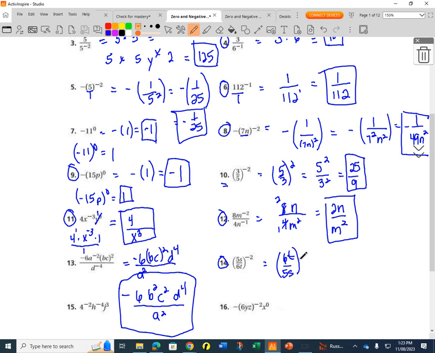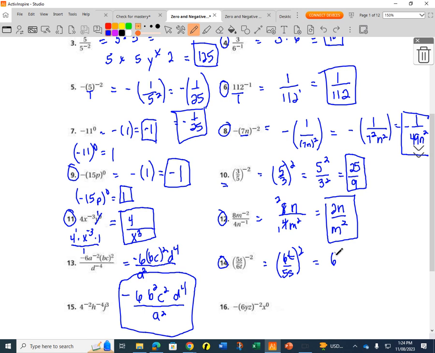Now we have to know that this is 6 to the second power times t to the second power over, actually, if you haven't written it, don't write yet. Let's do it this way. Let's do it in a more basic step.